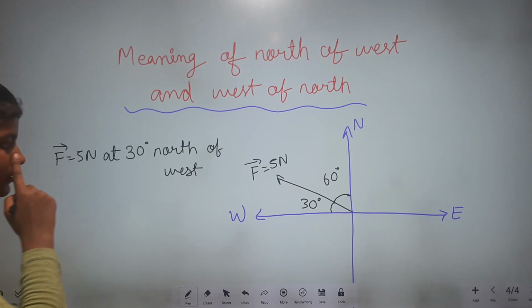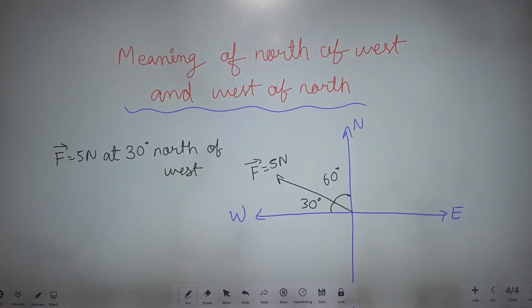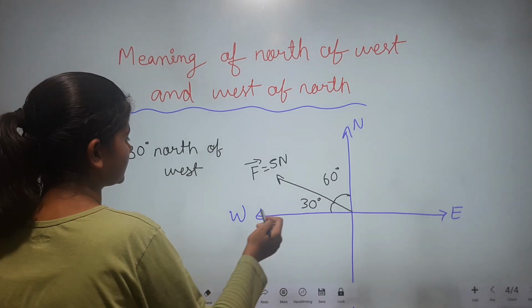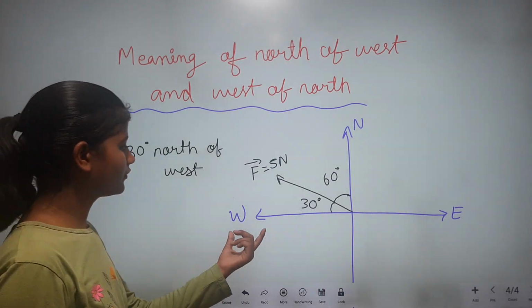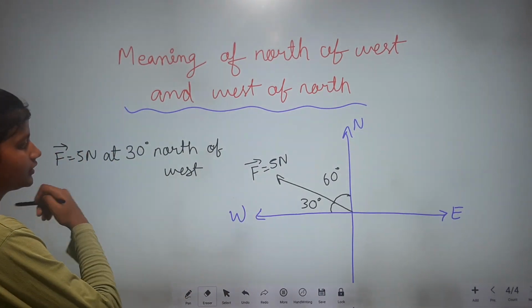Why have we written north last? Because the direction with which the angle is formed is written last. So here 30 degree is formed with west, so that's why it is written last. Okay.